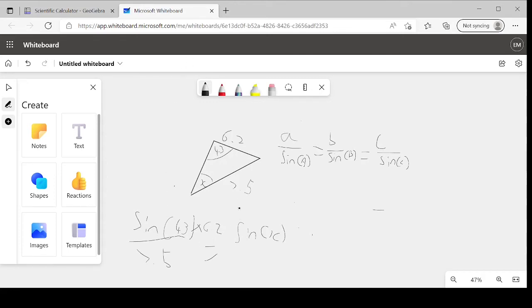Okay, so now what we need to do is get rid of this sine. Now we can do that by using the opposite. And what I mean by the opposite, as you'll remember from trigonometry, is doing sine to the -1. So we know that this equals sine x, and we can put that into our calculator.